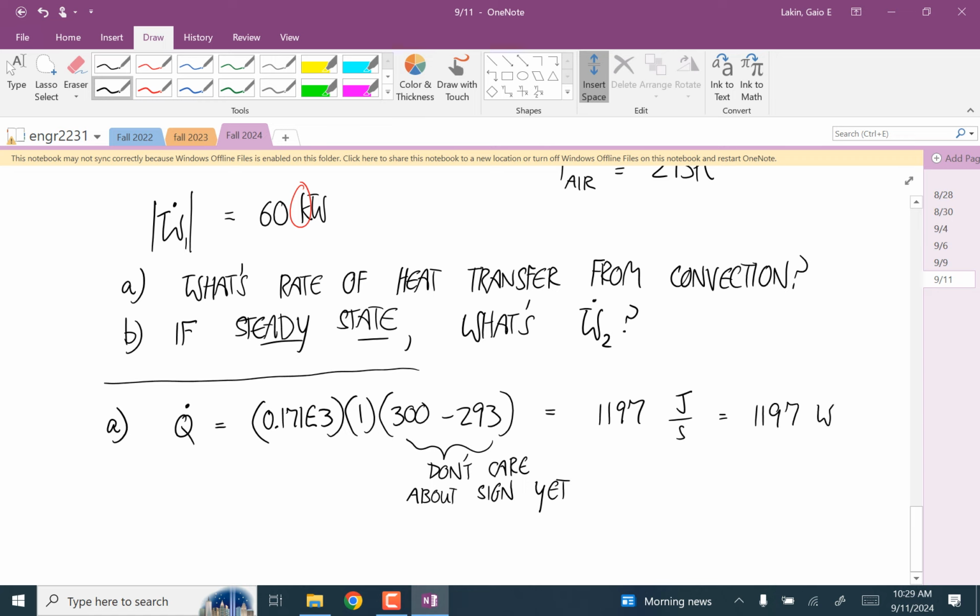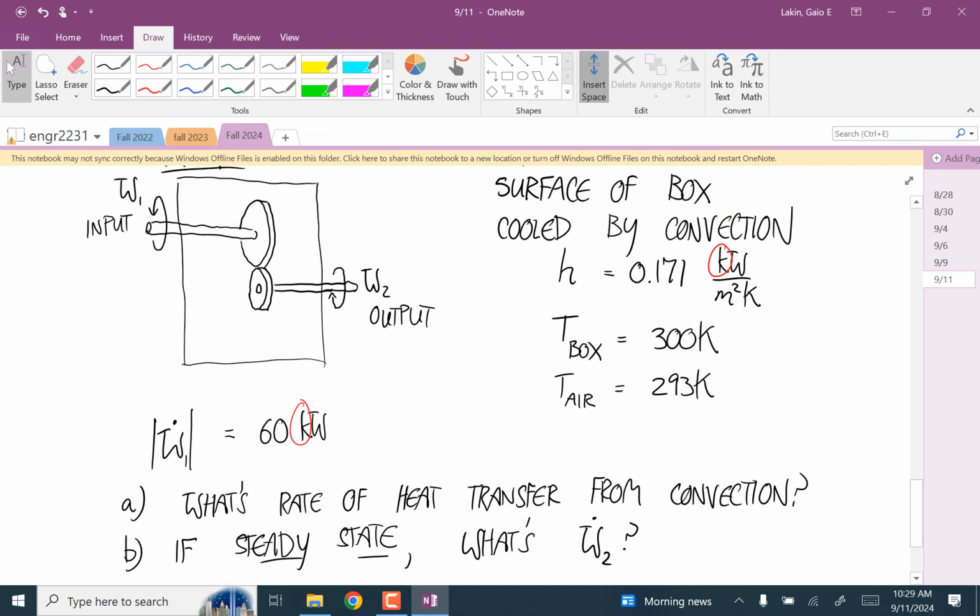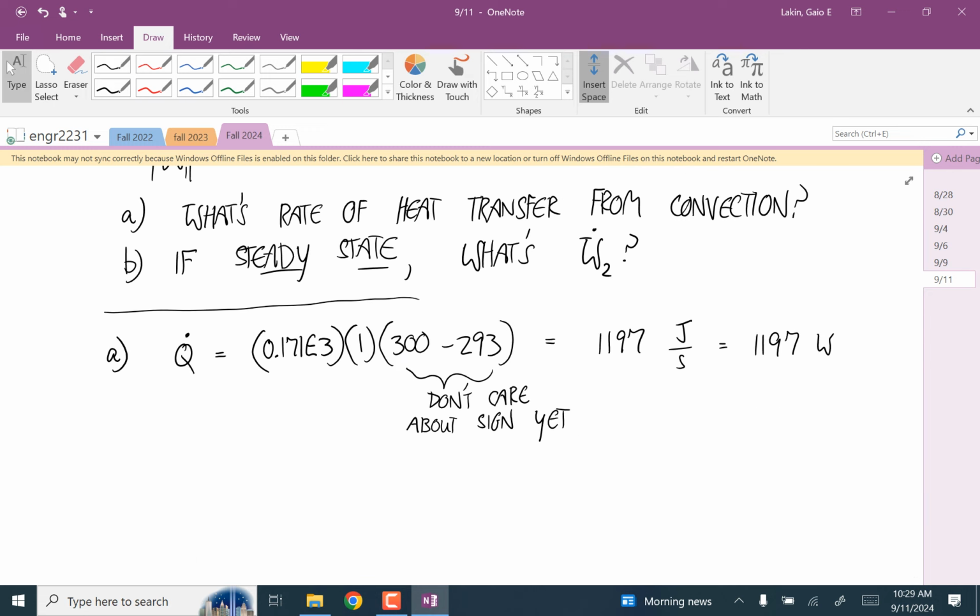Remember, watts or joules per second. Losing. It is losing. Yep, it just has to do with which one has a higher temperature. Would you say that's because it's getting hot from the stuff that's happening inside of it? That's right. Yep, there's friction or whatever going on inside. So the box is losing energy.